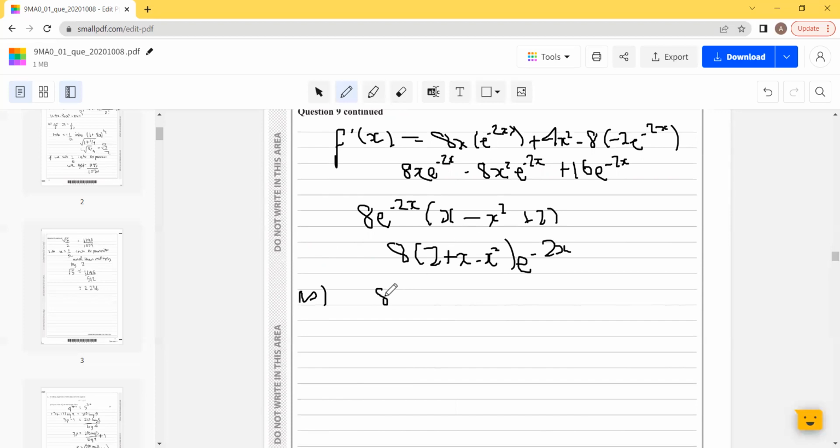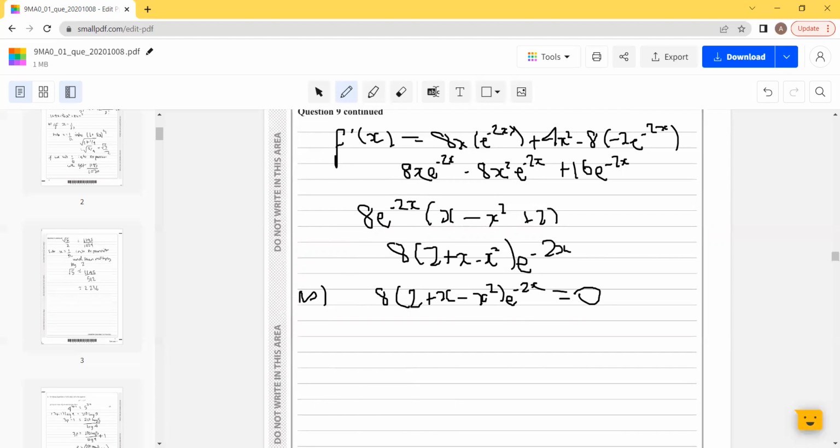So 8 times 2 plus x minus x squared multiplied by e to the minus 2x is equal to 0. That's what we're trying to solve. This is basically the same as solving 2 plus x minus x squared is equal to 0. That's basically what we're going to end up doing in this question.